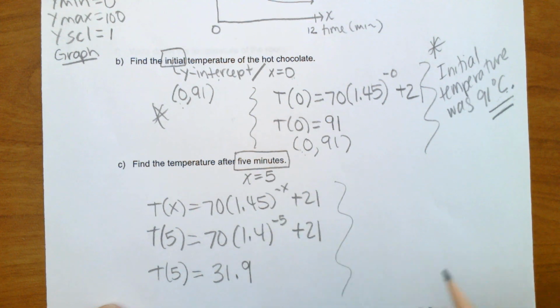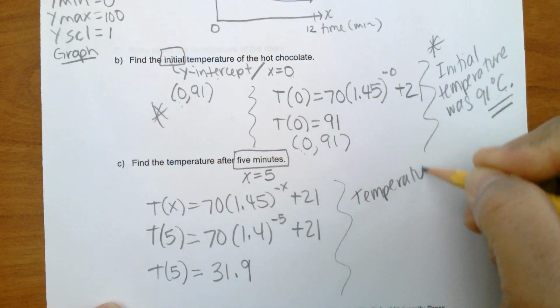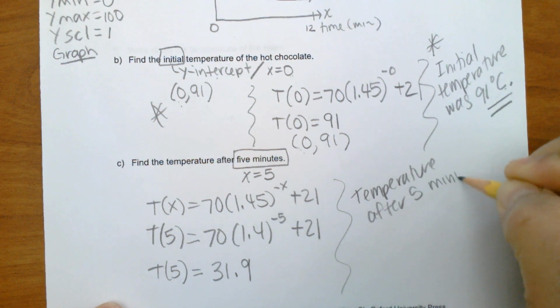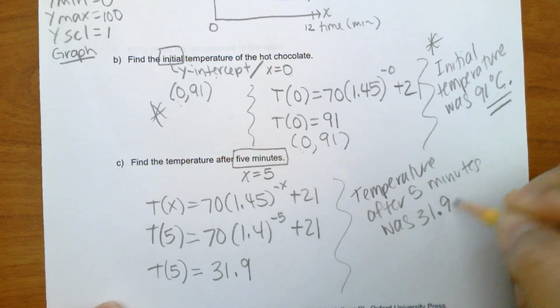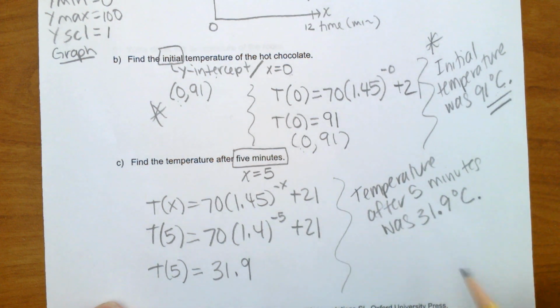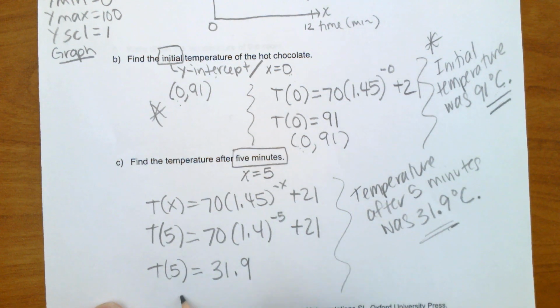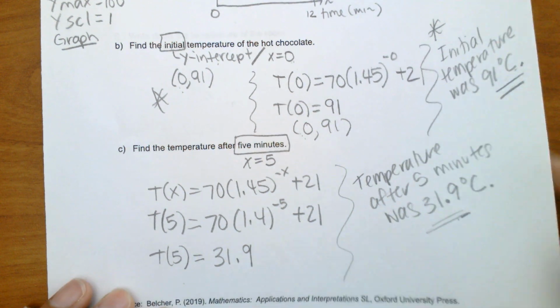And then you're going to write the sentence, temperature after 5 minutes was 31.9 degrees Celsius. Again, this is telling me you understand what you're finding, and this is showing me how you actually received the answer. Okay, perfect. All right, let's go on.